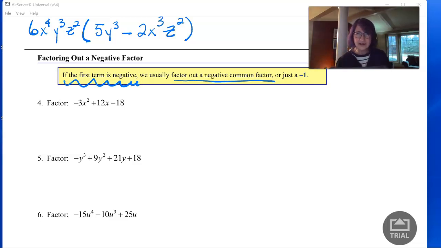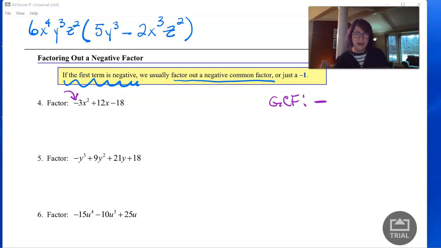We don't like to have our leading term be negative. All right, so here we go. Let's find our GCF. For this first one, I see that I have a negative there. So I know my GCF is going to be negative.